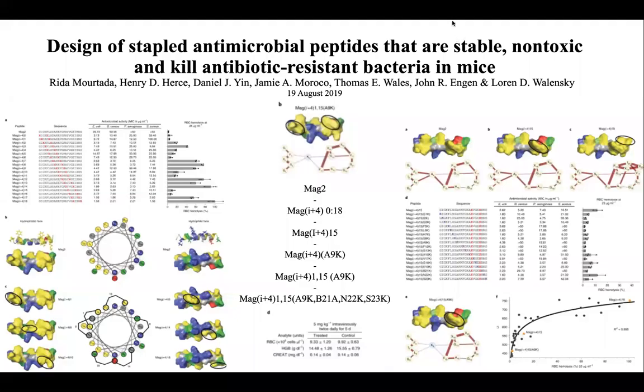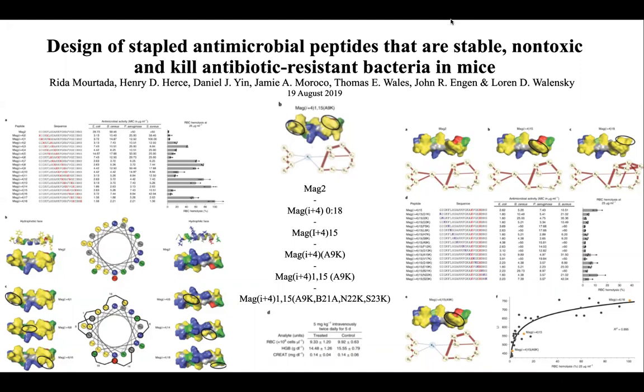As seen on the HNM for MAG I plus 4 15 on the right, there was no new HNMs, but there was increased activity and strengthened hydrophobic connections in the existing ones. Because of this, there was still a decent amount of red blood cell hemolysis.